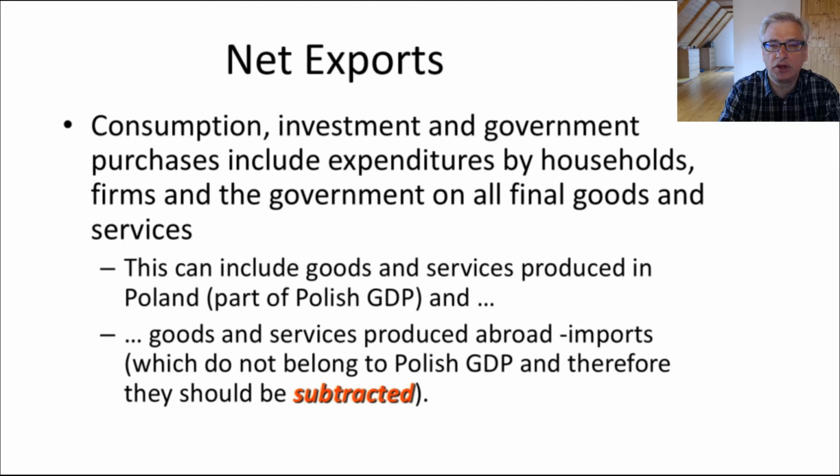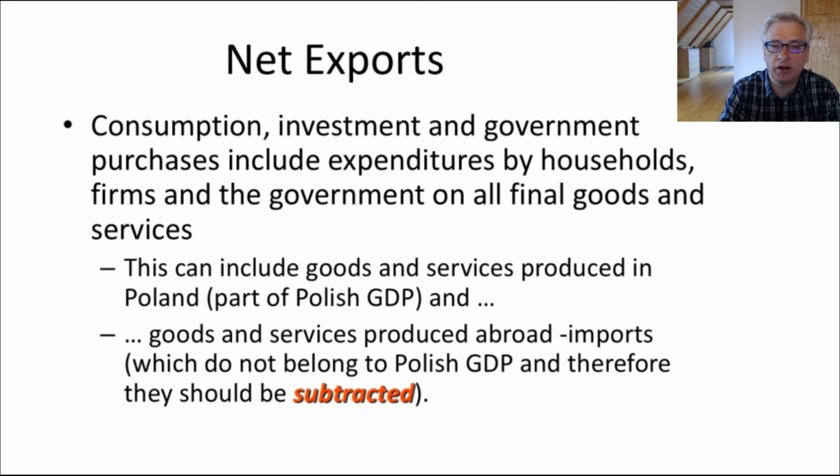If we produce cars, then a car can be purchased by your family. If it's purchased by your family, that's part of consumption. It could be purchased by some local business. That would be investment. A car can be purchased for the Prime Minister. That would be government purchases.